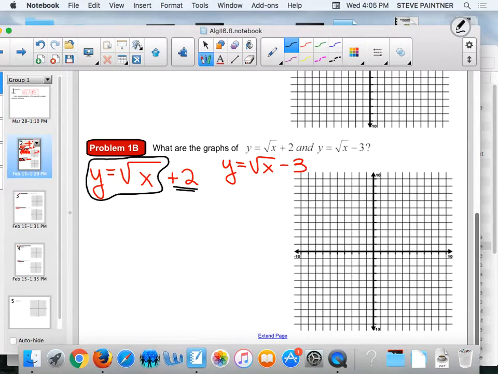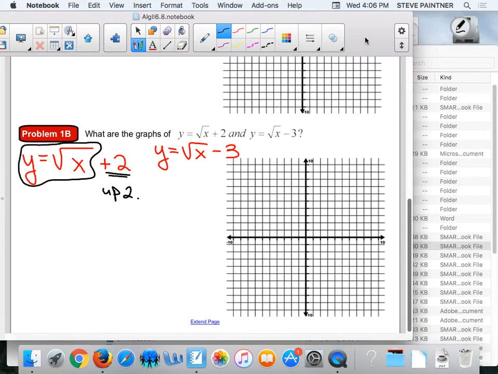Plus 2 on the backside would be simply take the parent and move it up 2. So if you would get over here on your graph paper and just get the parent on paper, (0, 0), (1, 1), (4, 2), and (9, 3). There's your parent. Pretty simple. Square root of x is the parent.